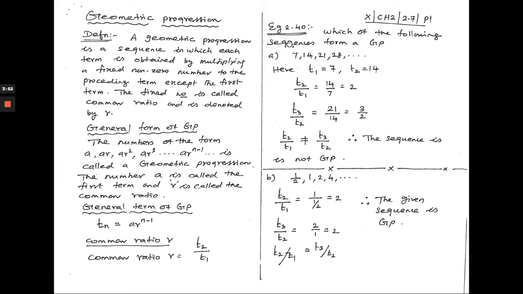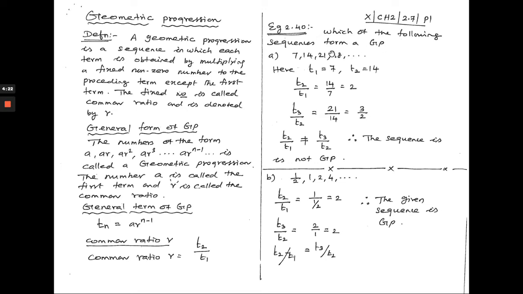Now, example 2.40. Which of the following sequences form a GP? Here the sequence is given. Check whether the given sequence is in GP or not. If the ratio is common, then we can say that the sequence is in GP.